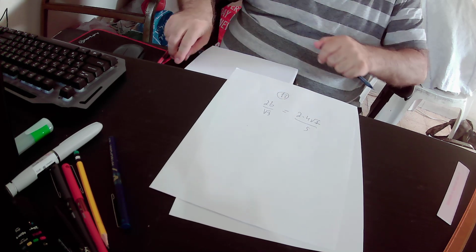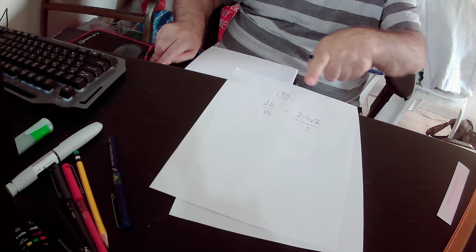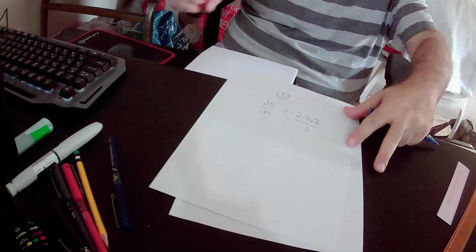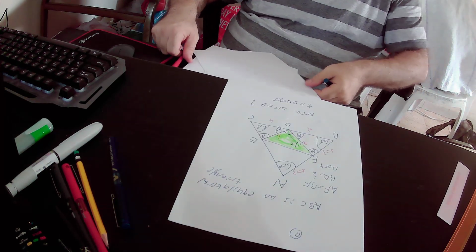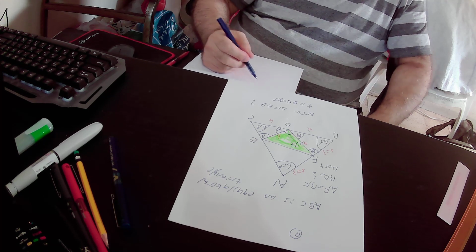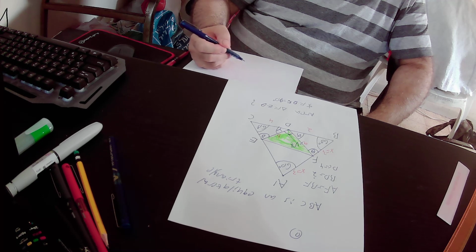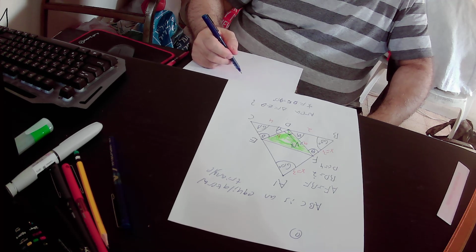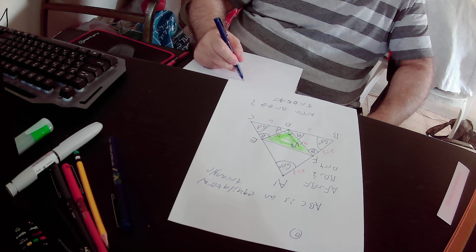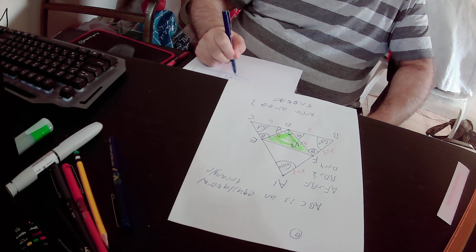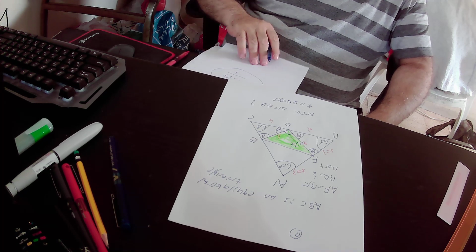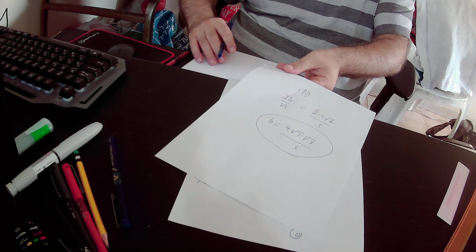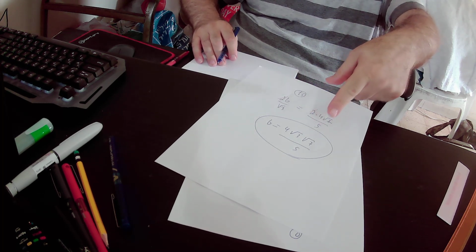Here we have 2 in the numerator on this side of the equation, and 2 in the numerator on the other side, so we can cancel 2, and what is left after the cancellation is that b equals 4 times root of 3 times root of 7 over 5. Okay, so we got the value of b.